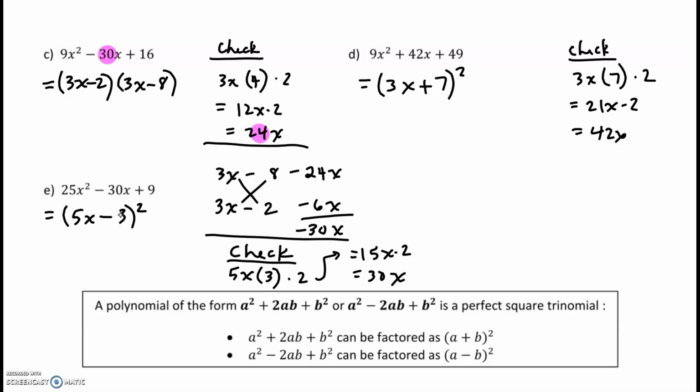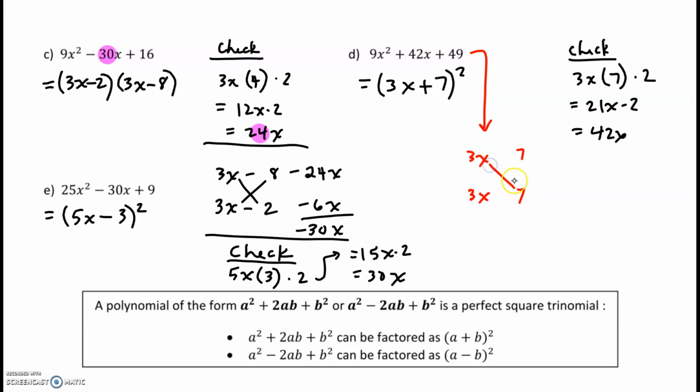Now, before I look at the rule, I just want to point out one thing. Let's say you were doing D and you don't recognize this as a perfect square trinomial, and you went to chart method. So let's say 9x squared we know is going to be 3x times 3x. 49 we know it's going to be 7 times 7.